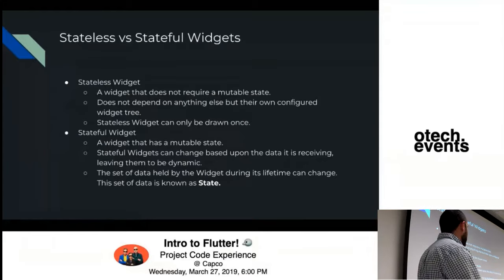So again, if you're interacting with a database or an API or user input, like, hey, my name is blah, and you have a text widget that says welcome and then whatever the user put in as their name, that's what it says after welcome. Again, you'd use a stateful widget for that. So from user inputs, from database queries, from API calls, you would want to use a stateful widget.